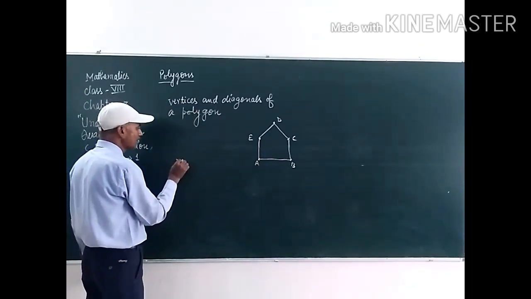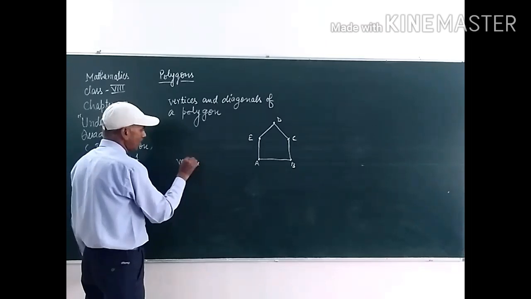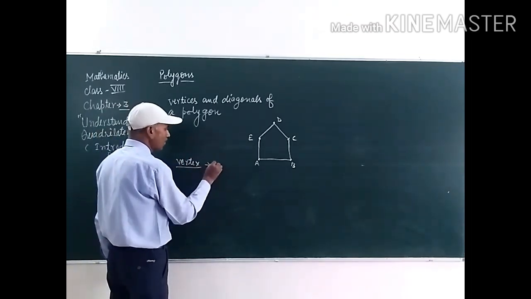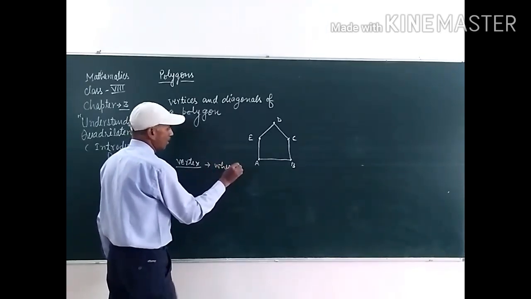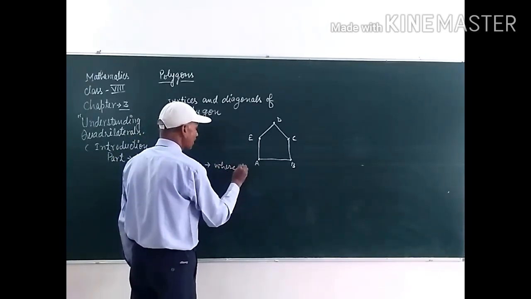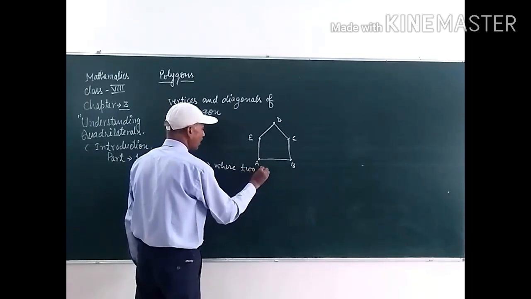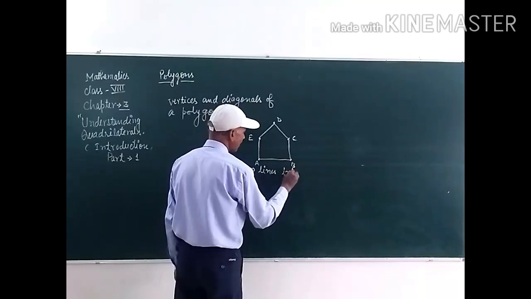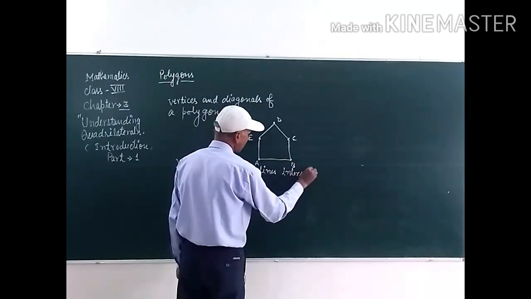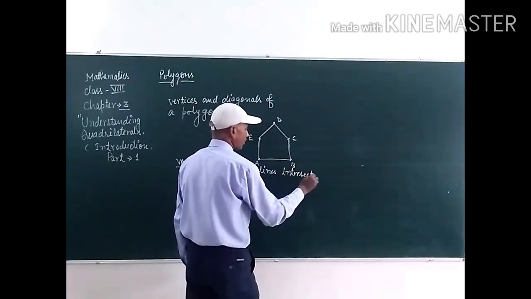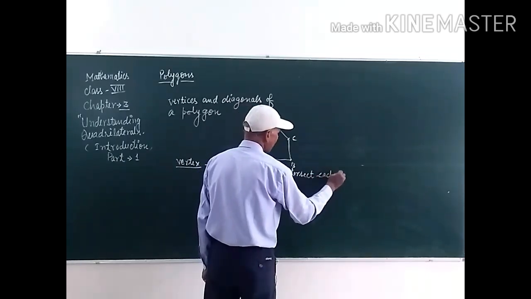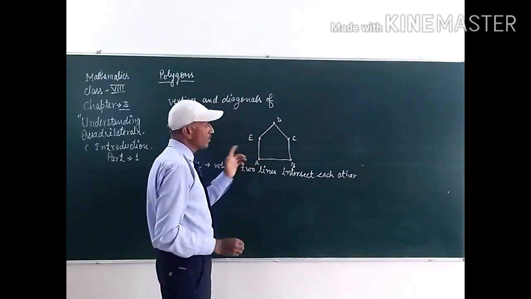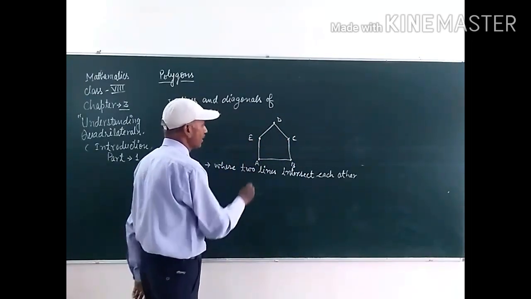What is a vertex? A vertex is where two line segments or two lines join or intersect each other.